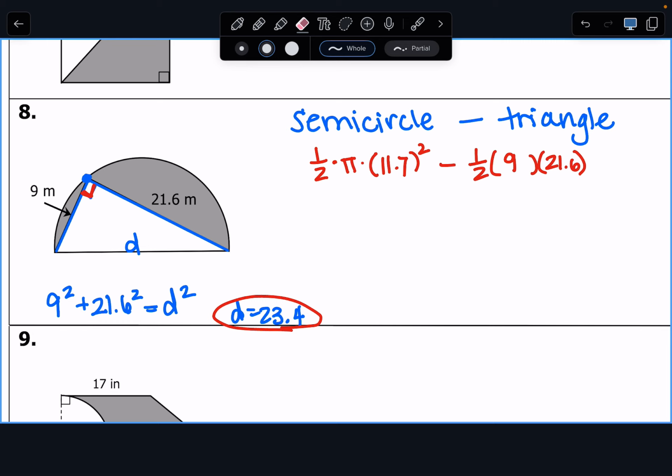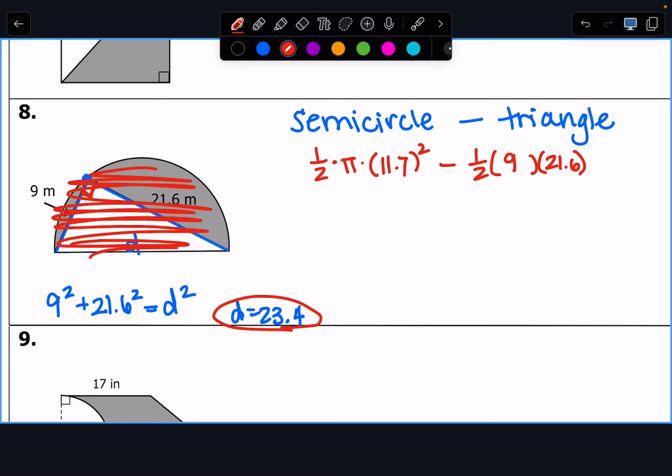It's 117.8. So we find the shaded, and then we subtract out the not shaded.